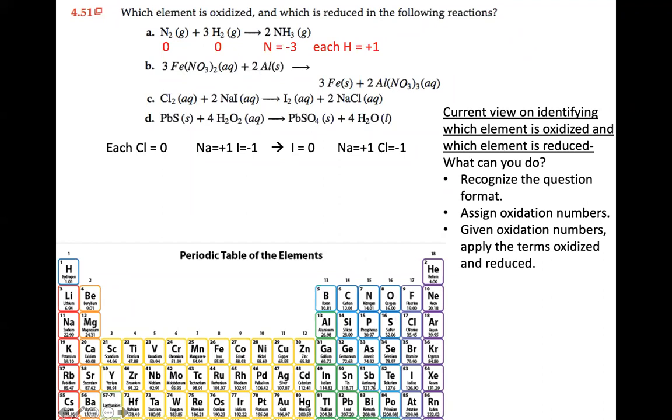Can you recognize a question based on its format? Can you apply oxidation numbers, assign them properly?